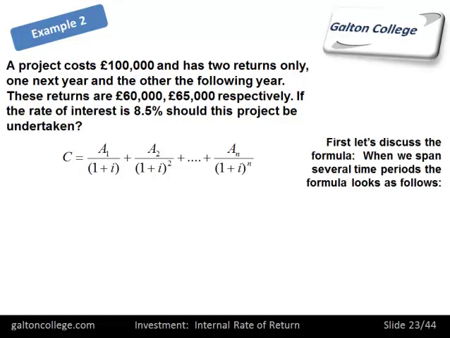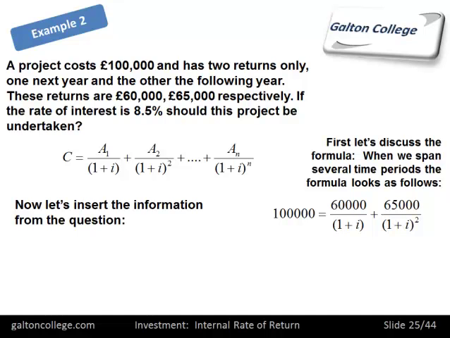So the formula really looks like the one we've got there. Now let's insert the information into the question. We've got 100,000 is equal to, in the first year we get 60,000 back, in the second year we get 65,000, but we have got this little square term here, don't forget.